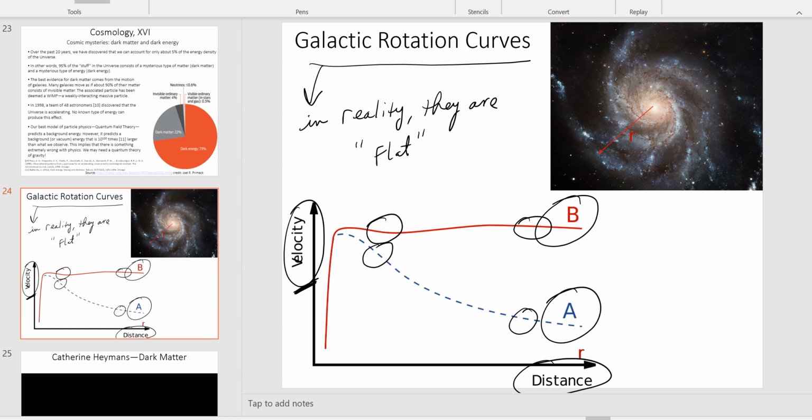So you might think, well, our equations are incorrect. The second solution that comes to mind is maybe there's a lot more mass in this galaxy than you can see. Maybe there's a lot of mass which is invisible, that does not interact with light, and therefore you cannot observe it directly, but you can observe its gravitational effects.